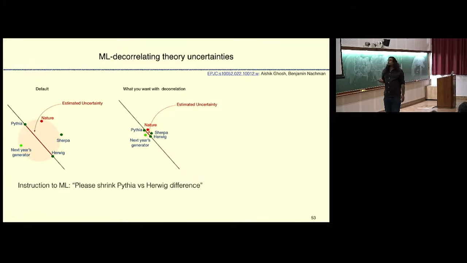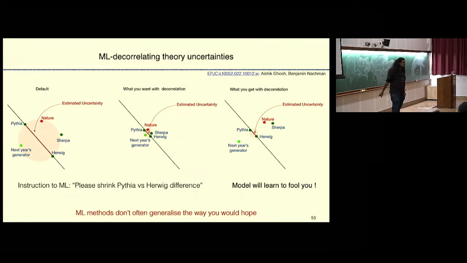But what the model will do is exactly what you ask it to do. It will only reduce this one-dimensional distance, and then everything else lies way outside this uncertainty. So the model has only learned to fool you rather than actually shrinking these uncertainties. We show this in this paper for a couple of situations.